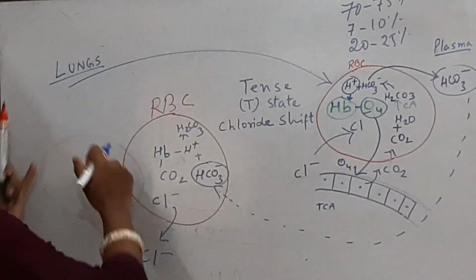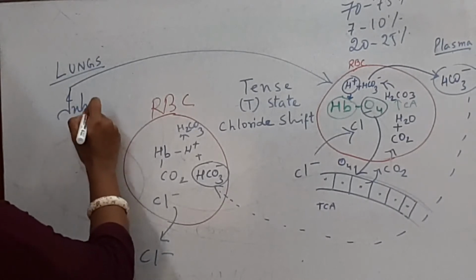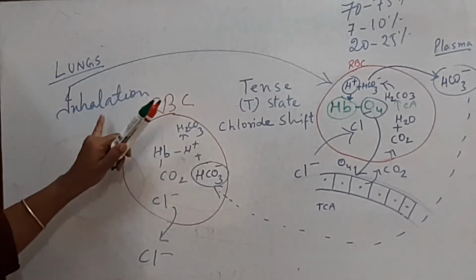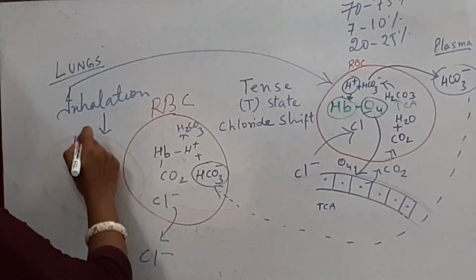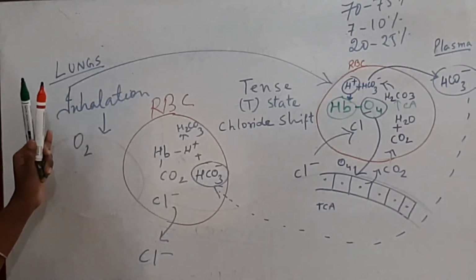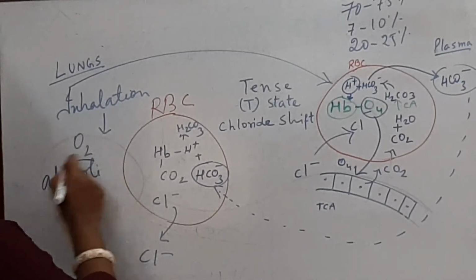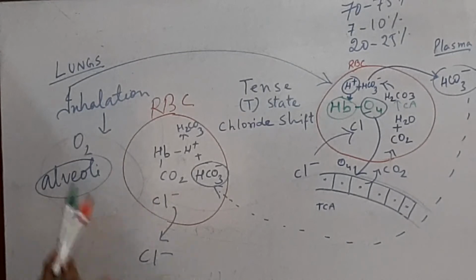Now already in the lungs, inhalation has taken place. During inhalation, you know, oxygen enters the lungs, the alveoli. Suppose this is the alveoli, the large number of alveoli. In the alveoli, there is high partial pressure of oxygen.